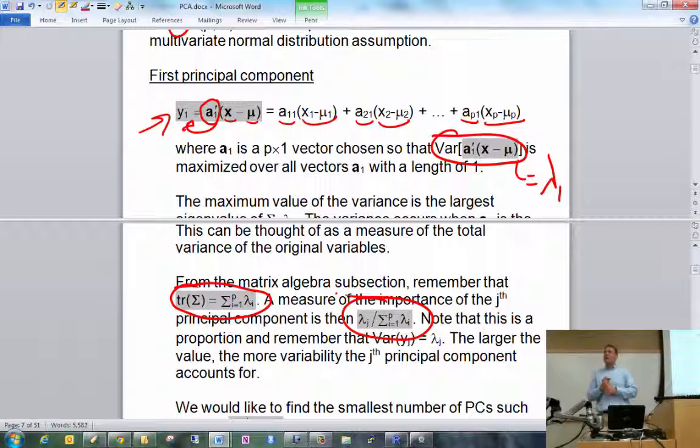You want these values to be as high as possible for the earlier principal components, like principal component number 1, principal component number 2, and so on. And so then, as a way to decide how many principal components you can use, you could say, for example, I'm going to use as many principal components as it takes to explain maybe 80% of the variation in my data.